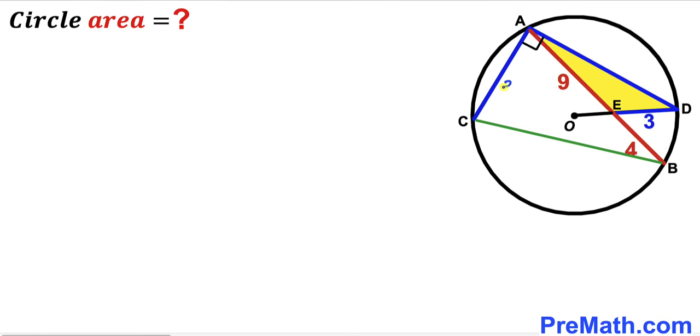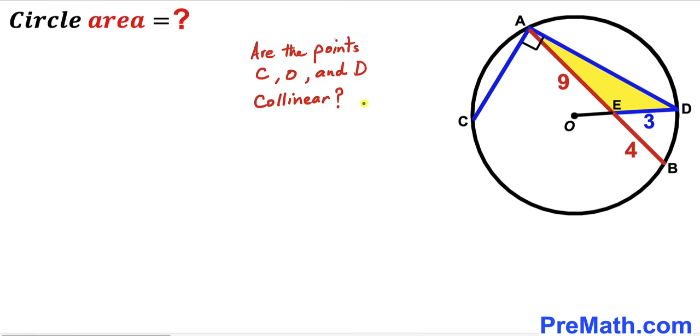And these two sides are still unknown. So therefore, this option is not going to work for us. And here's our alternative option. We are going to see whether these points C, this center O, and this point D are collinear. In other words, do they lie on the very same straight line?